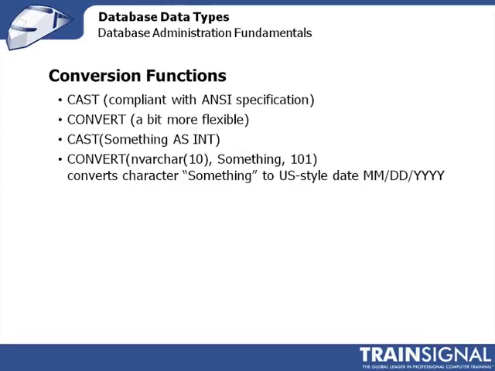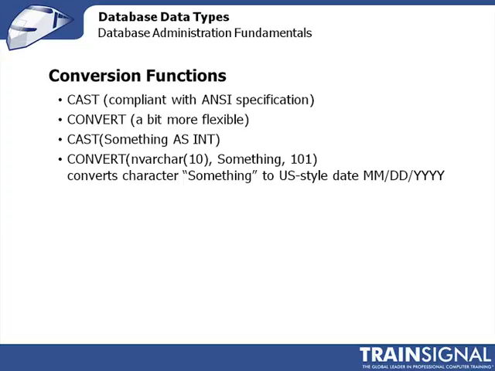SQL Server's two main explicit conversion functions are cast and convert. Convert's a bit more flexible, but cast is compliant with the industry standards for the SQL language. The last two bullet points here will show you what this looks like. Cast something as int would take whatever was in something and try and turn it into an integer.